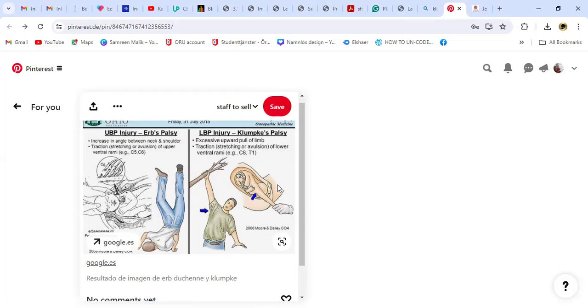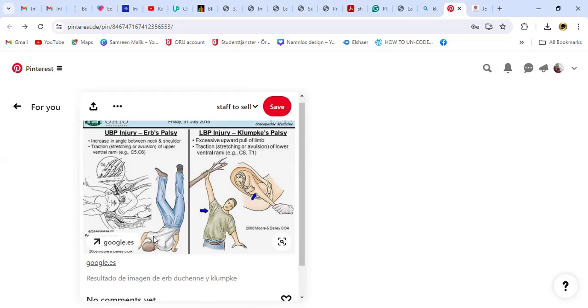It's very important. That's why I'm spending so much time telling you, because you have to understand the difference between these two, the mode of injury. A person is falling like this on the shoulder with the neck extended to the side, whereas in Klumpke's palsy, when you are falling down and reaching out for a branch or something, that reaching out will lead to lower brachial plexus injury, the lower trunk of the brachial plexus, C8 T1.